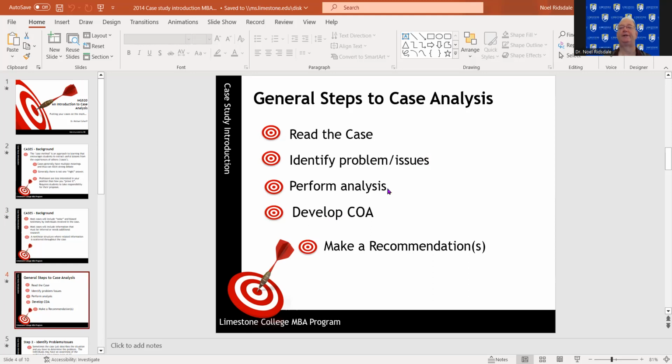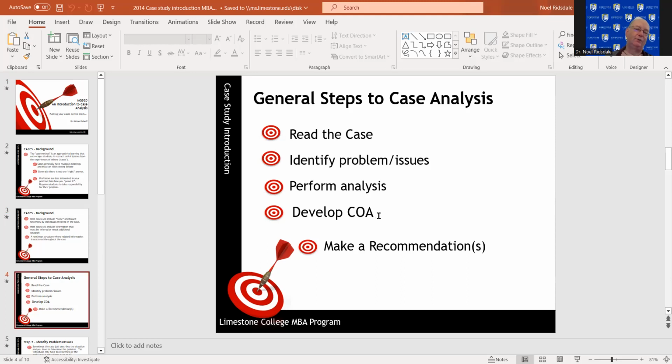Then you're going to perform an analysis and determine which one is the root cause. And then how would you solve that? Look at what problems you need to address and how you would address them. Develop basically a course of action. That's what COA is: a course of action.